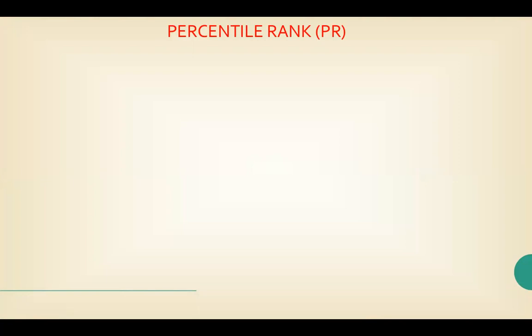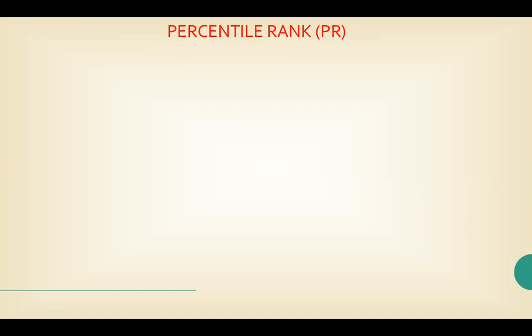It is defined as the number representing the percentage of the total number of cases lying below the score for which we have to calculate the percentile, and it is denoted by PR. You have already seen this used in competitive exams nowadays, in medical entrance tests and in engineering entrance tests; we use this percentile rank.